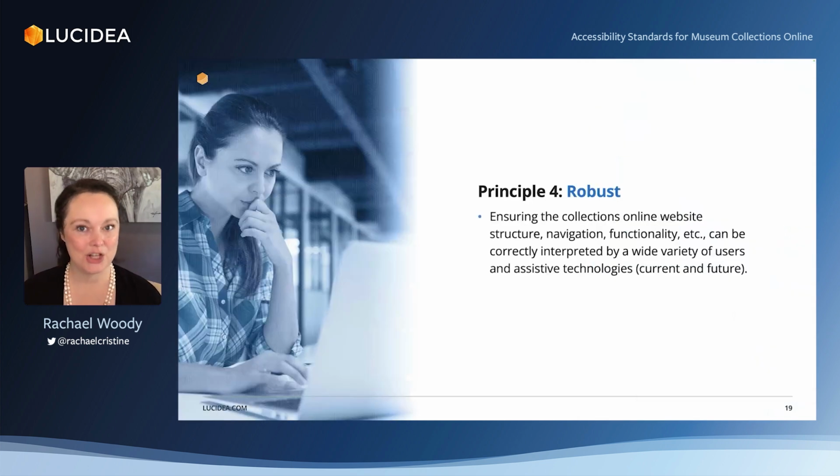Moving us to the final principle. And this particular one focuses on robustness of the technology. So for us, it's to help ensure Collections Online, thinking website structure, navigation, functionality, that all of that can be correctly interpreted by a wide variety of users and the different assistive technologies that those users have, both present and future.